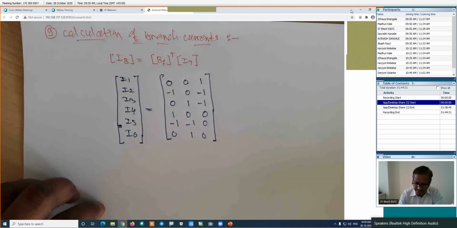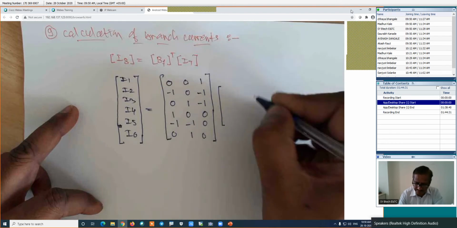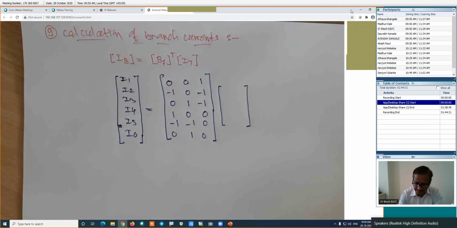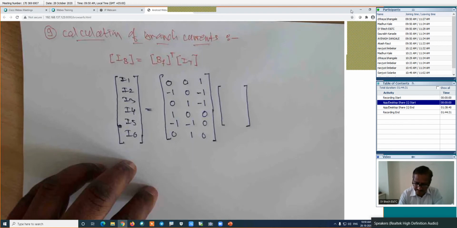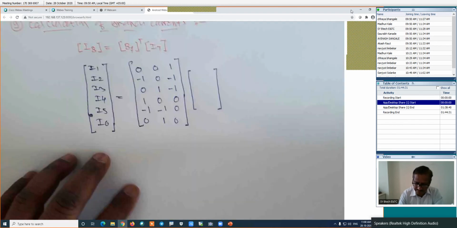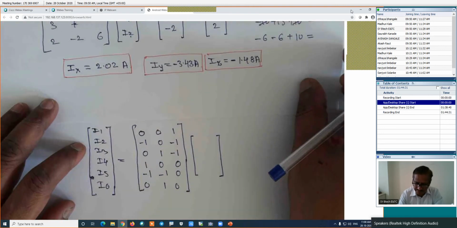What is the IT? IT is the Tieset current matrix. Just now, we have calculated the Tieset currents. Is it right? Just I will show. These are the three Tiesets, and its currents are Ix, Iy, and Iz.